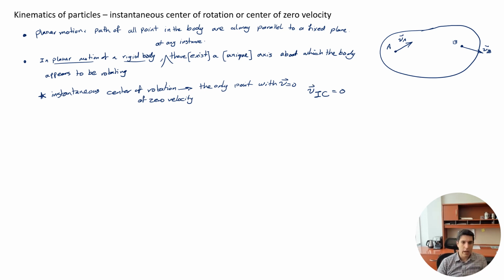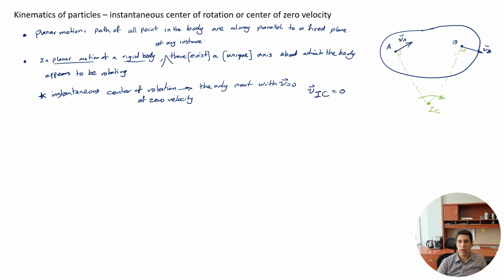This instantaneous center is a very useful concept, and it can usually simplify the solutions very much. For instance, if you know the velocities of 2 points, we know that if the body is rotating about a fixed point, the velocity should be perpendicular to the line connecting them to that center, and where the perpendiculars intersect is the instantaneous center of rotation.